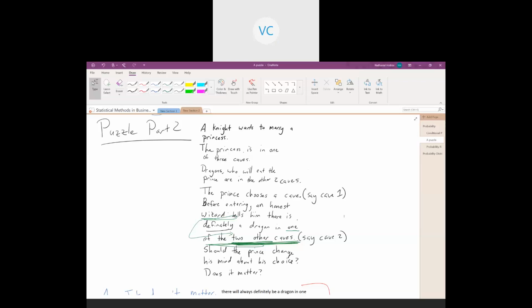Yeah, great. Of the three caves, what's the order of events? With the knight choosing a cave, getting information, and having a chance to change his mind, when do these things happen?